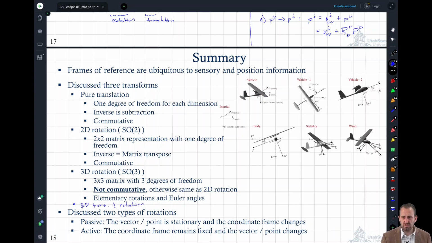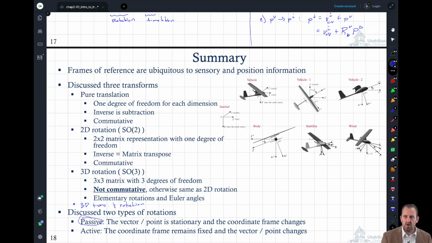And keep in mind that we discussed two different types of rotation. Passive being that we're keeping the point at the same spot, active meaning we're actually trying to move the point around. We'll always be doing passive in this class.